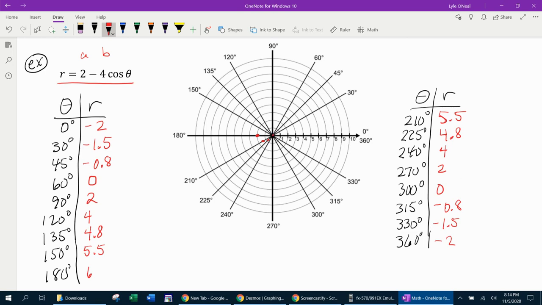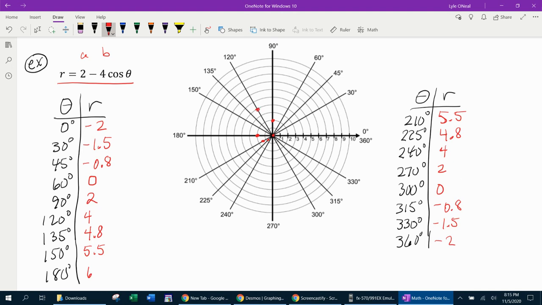60 is 0. We're going to be at the origin. 90 is 2. Now that's going to jump up to here. Since the radius is positive, we are going to go 2 units in the direction of 90. In the direction of 120, we're going to go 4. 1, 2, 3, 4.